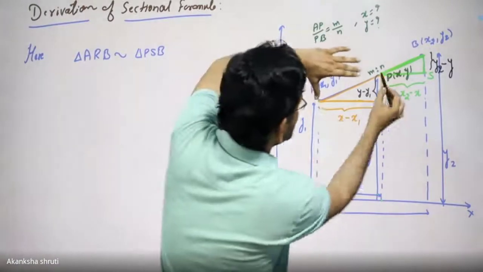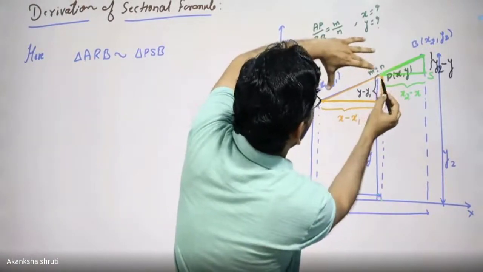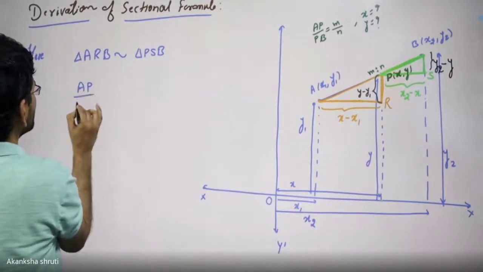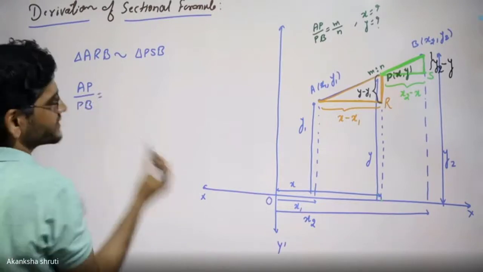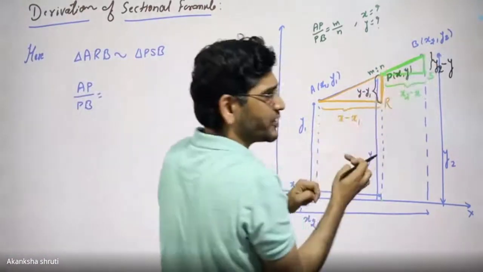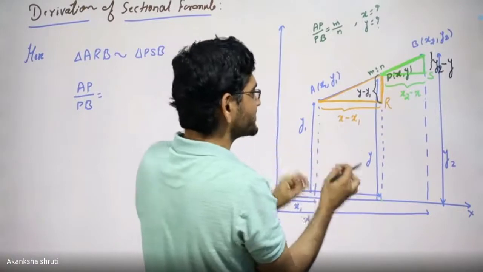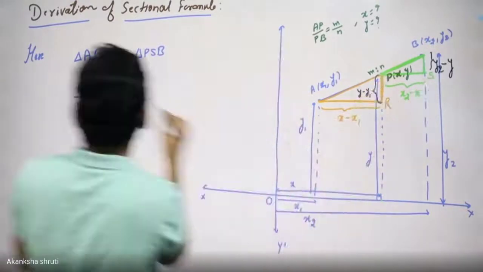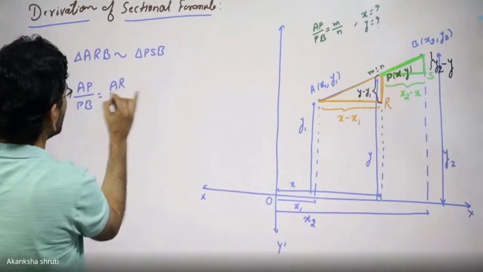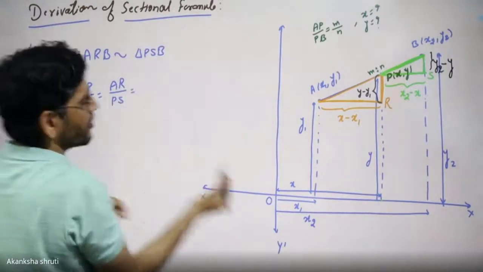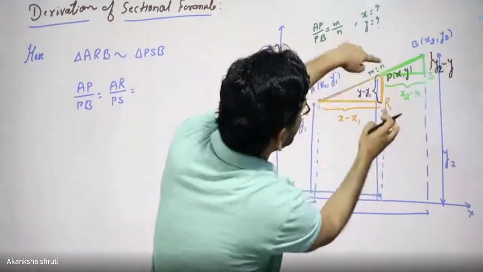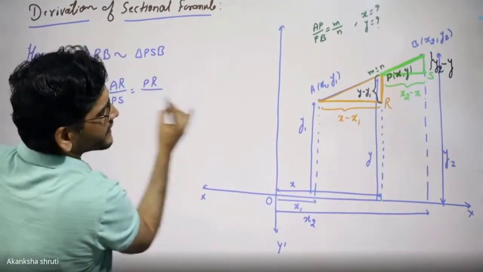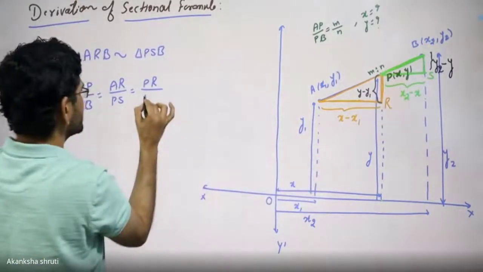Means for this triangle, AP is to PB, the ratio of hypotenuse, will be the same as the ratio of their bases, AR is to PS, and this is also equal to the ratio of their perpendicular, PR divided by BS. It is this one.